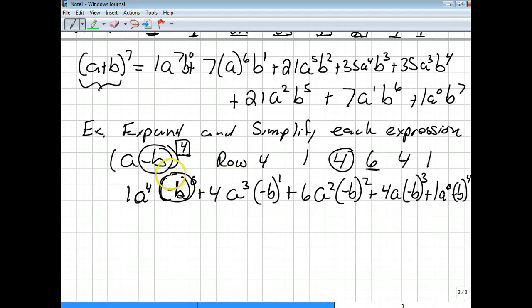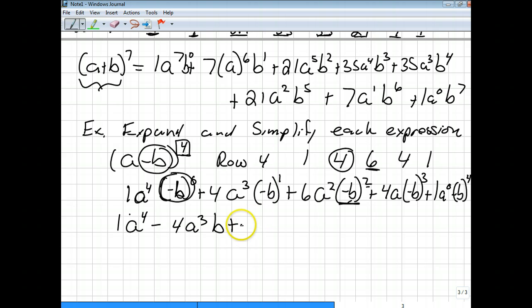Now we just go back and simplify. This is just 1, so it's a to the fourth, plus, or actually, negative b to the 1, I should say, is negative b. So it's going to be minus 4a cubed b. This negative b squared makes it positive, so the next one's going to be a plus.